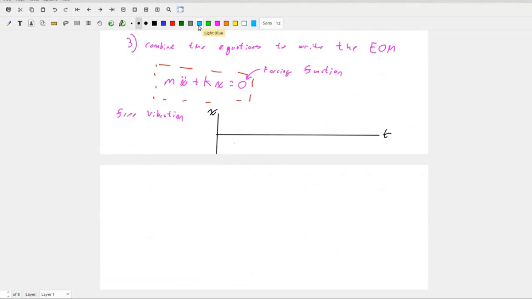If we have a free vibration, we're going to displace it a little bit, so let's start at the top, and then it's going to oscillate forever. Does that make sense? So what does this look like if we put a damper in? It's going to decay exponentially, maybe something like that. So this is damped and undamped.